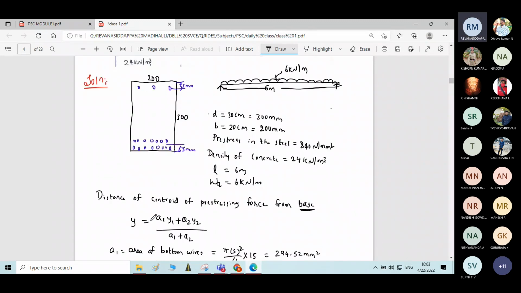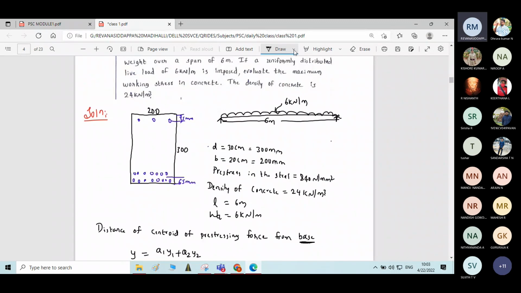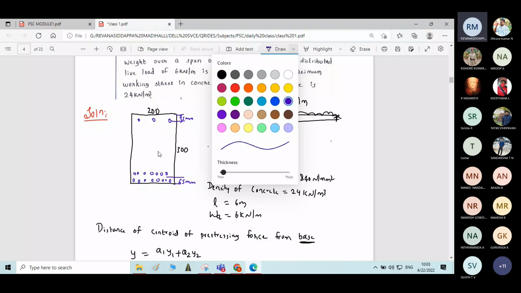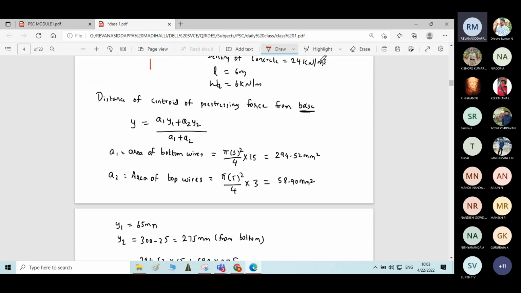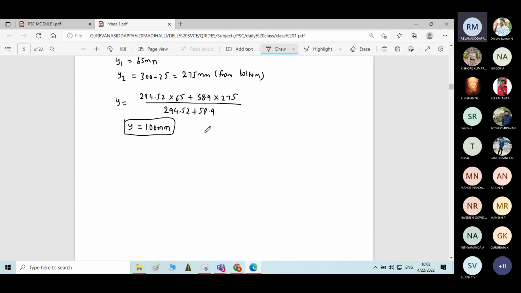Now, the distance of the centroid of the prestressing force. Let me write the centroidal axis for the beam. Now we have calculated the distance of the centroid of the prestressing force from the base. How much we got?